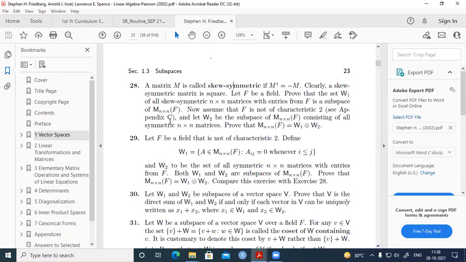After this, the session is going to end. Some of the students are asking about the echelon matrix, echelon form. So please join the next session. The next session will not be recorded. In the next session, I'm going to discuss it and deal with their problems.